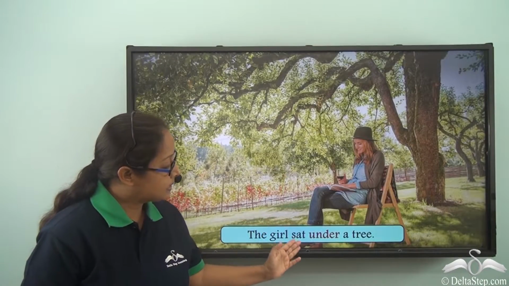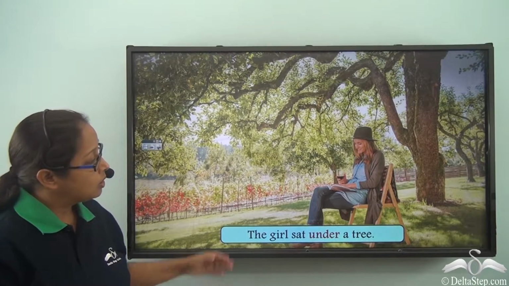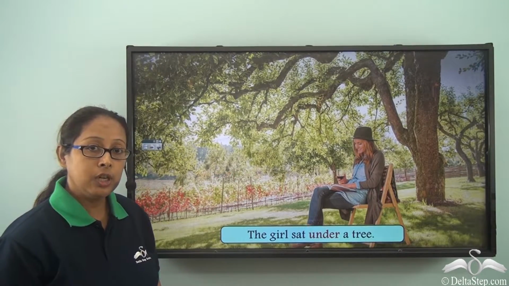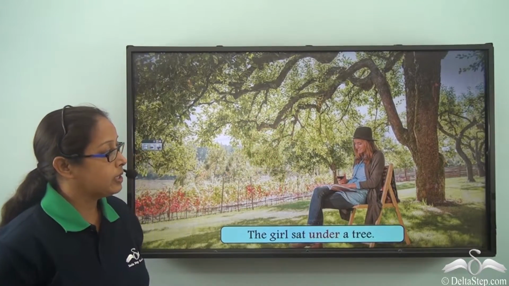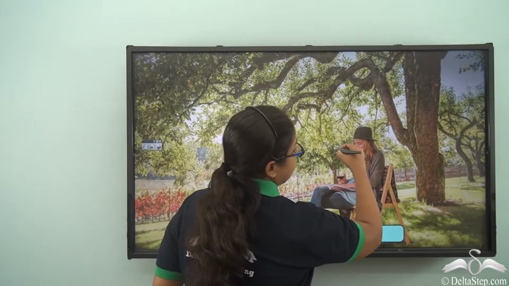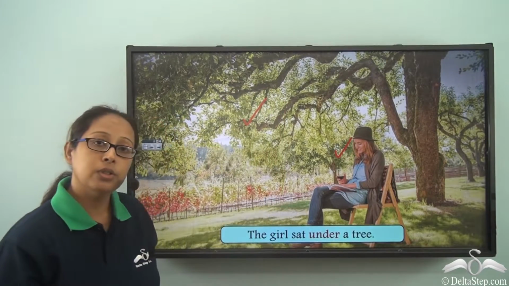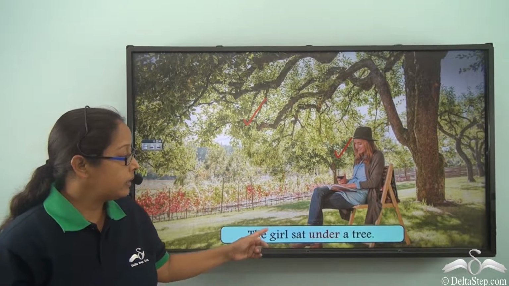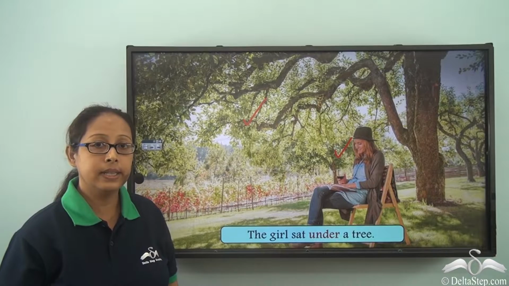The girl sat under a tree. So we can see in the picture that the girl is sitting here and this is the tree. So the girl is here and this is the tree that we are talking about. The girl sat under a tree. Where is the girl sitting?